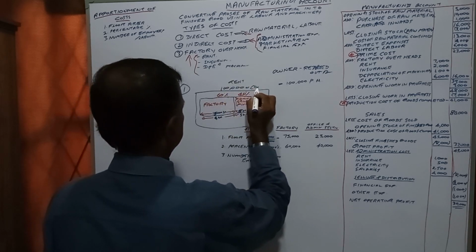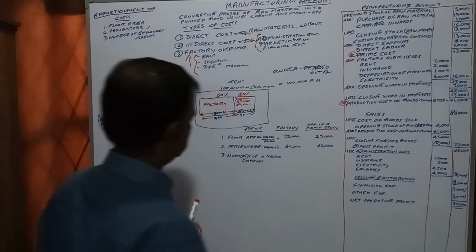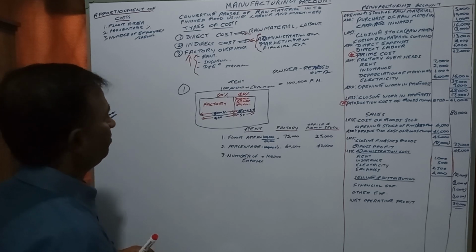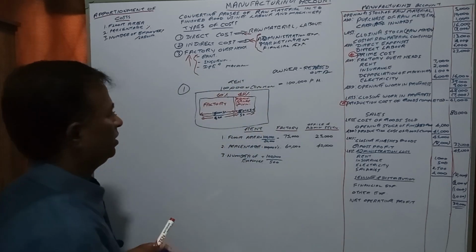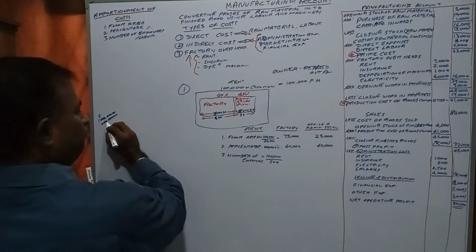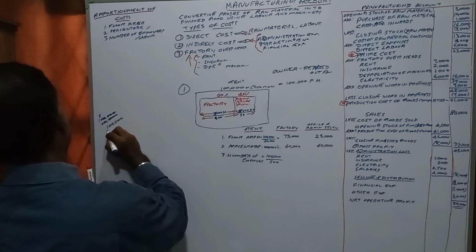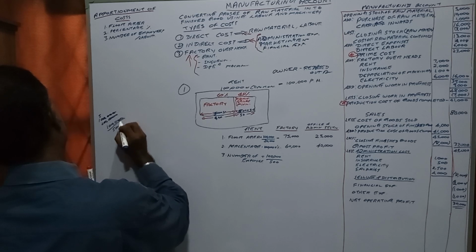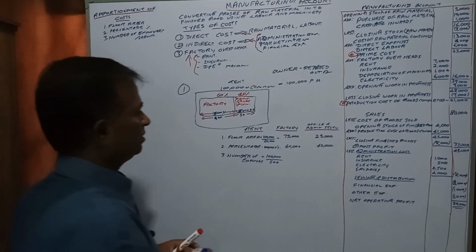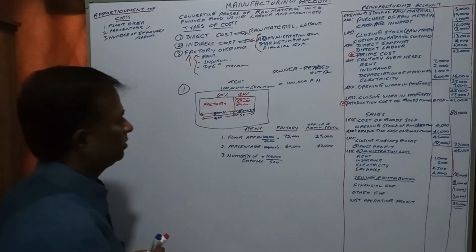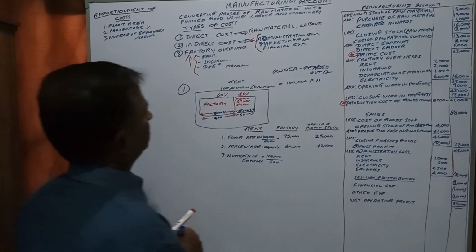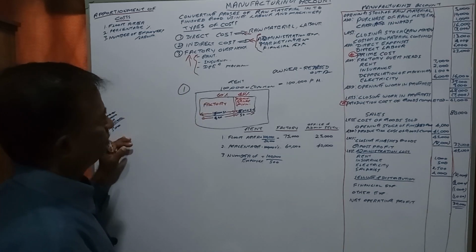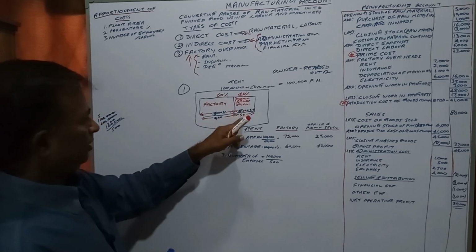Common, right? 100,000 divided by the number of employees, 500. 100,000 divided by 500 is 200 rupees per labor.